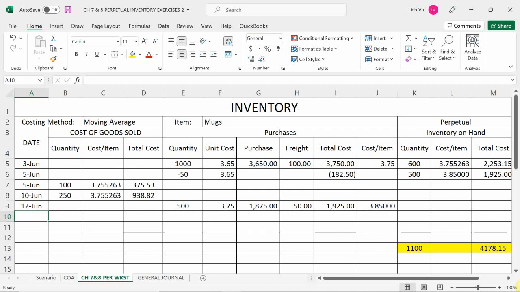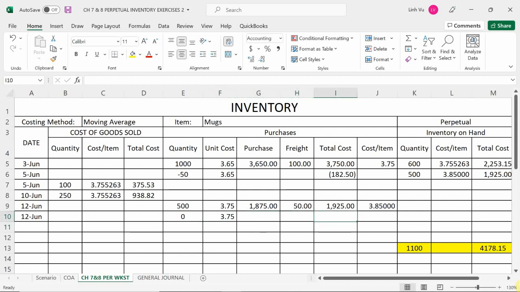In this case, are we actually returning anything? No. So I'm going to make sure that I put in here that I'm not returning anything. However, each cup is going to cost me $3.75 each.